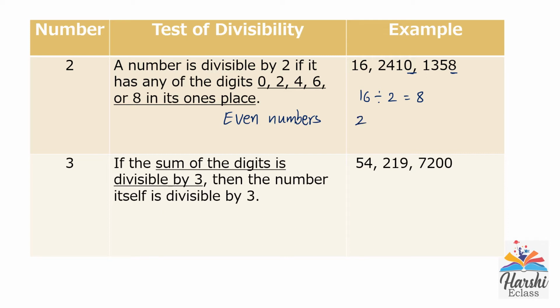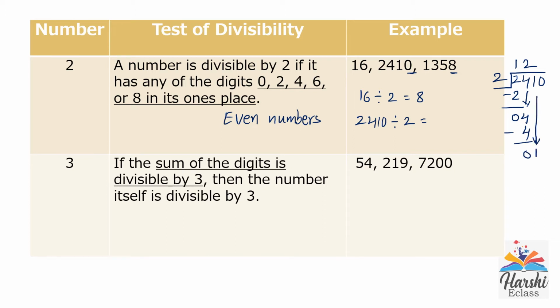If you divide 2410 by 2, what will be the quotient? 2410 divided by 2. 2 ones are 2. Remainder 0, 4 will come down. 2 twos are 4. 0, 1 will come down.